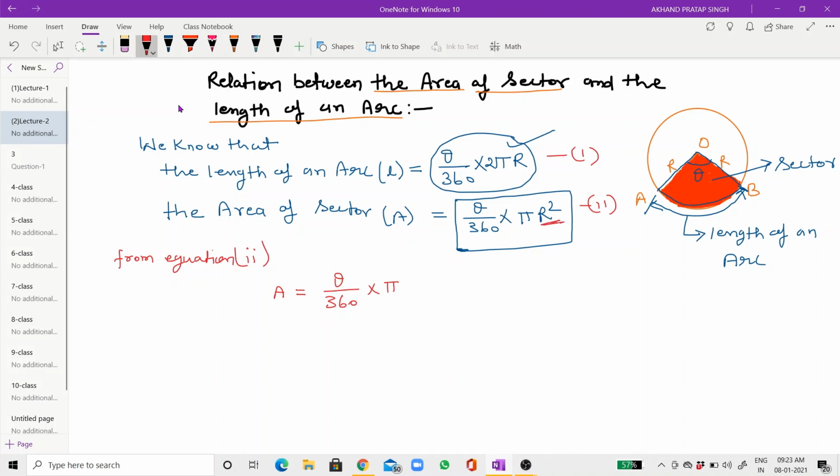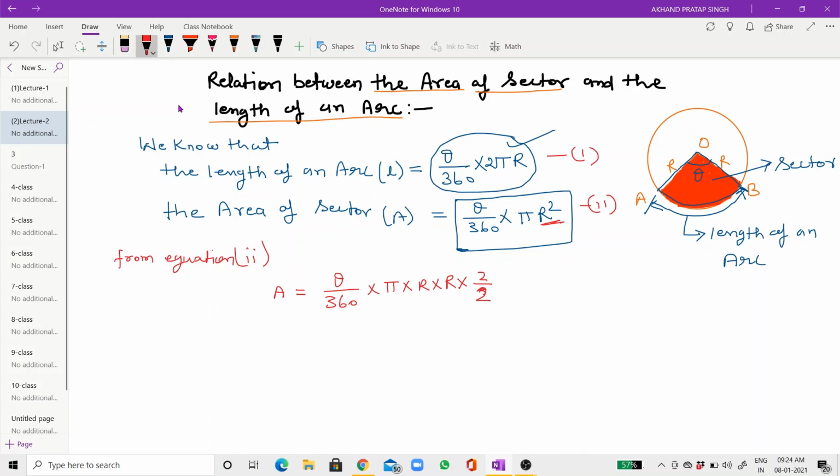So we can write r into r, and if we multiply it by 2 and divide by 2, then nothing will change in this expression.